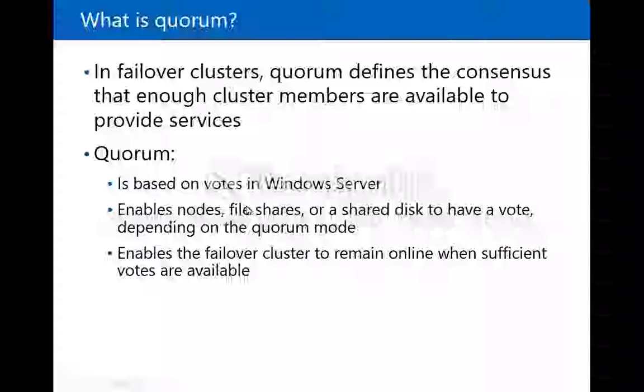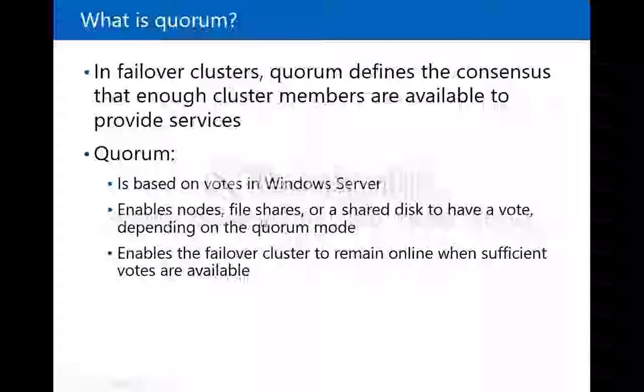The quorum basically defines whether enough cluster members are available to provide service in case of a failure. It's the way the quorum decides that will determine where the service or the VMs fail over to a new node, in case of a planned or unplanned failover.